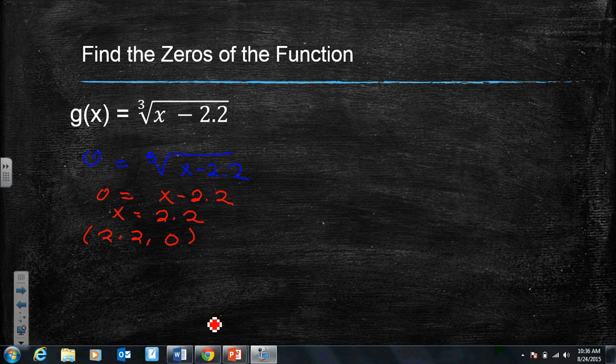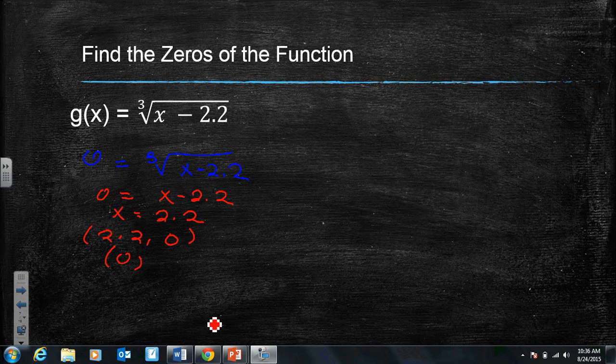Now, if we let the x be 0, what's y going to be? Cube root of negative 2.2, okay? And we don't know that number off the top of our head, so we're going to get a decimal.